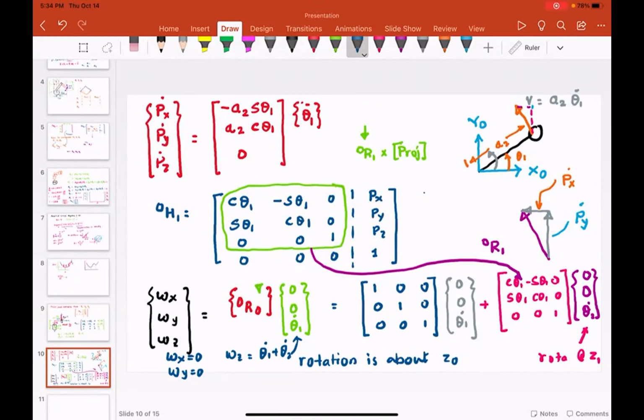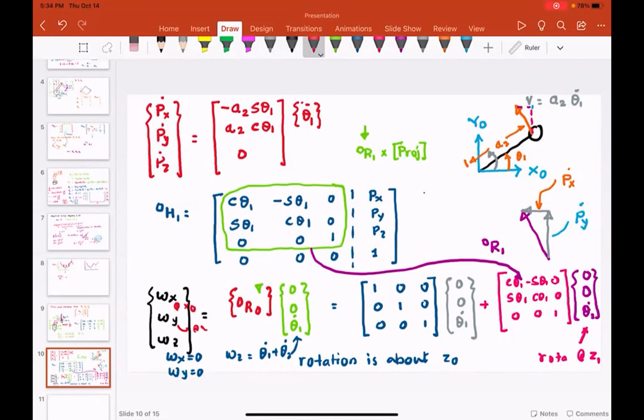Somebody may ask me, angular velocity is good, but this angular velocity is defined with respect to what? All the velocities, angular or linear, are defined in terms of the fixed inertial zeroth frame. Which means omega x is about x0. This is very important, I need to write that down. Omega x is about x0.